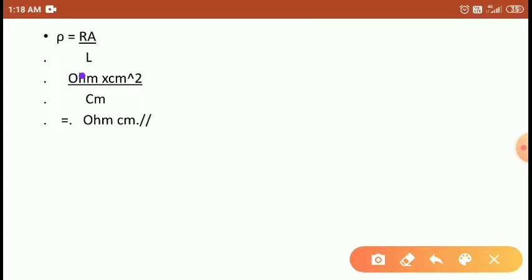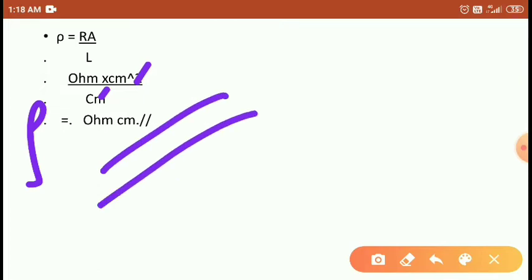Area means centimeter square, length is centimeter. Then centimeter gets cancelled, and the rho unit is ohm centimeter. Right, students?